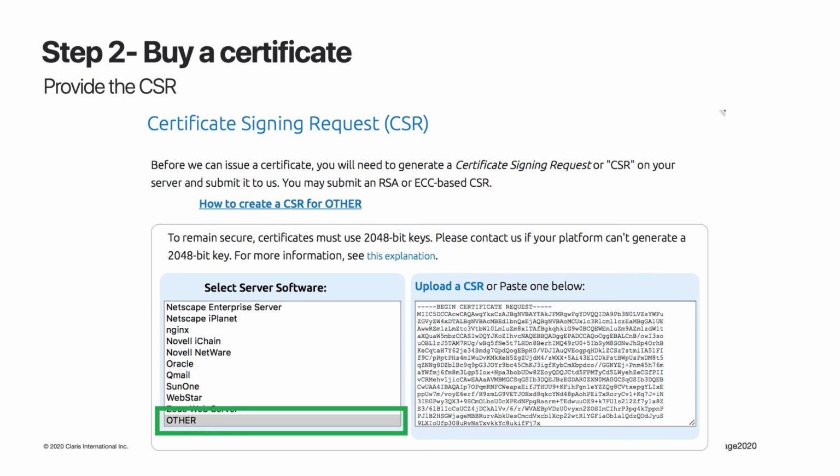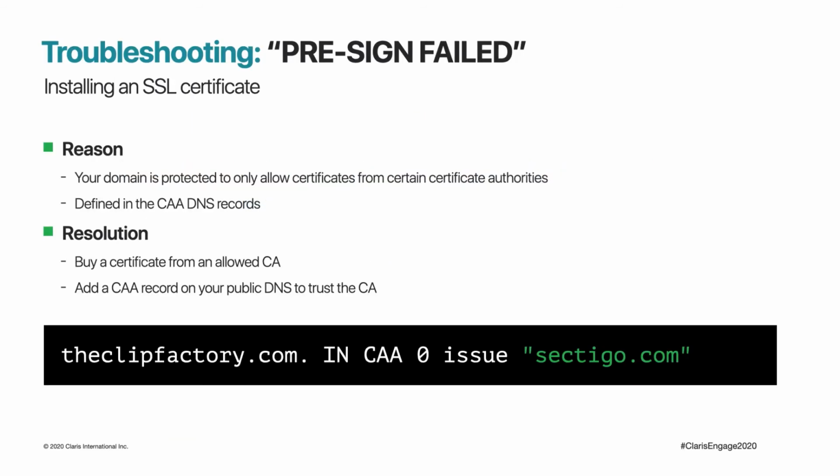It could be that during the installation or during the request of buying a certificate, you get a strange error, an error that is called pre-sign failed. Why could it fail? Well, you could protect your domain to only allow certificates from a certain certificate authority.